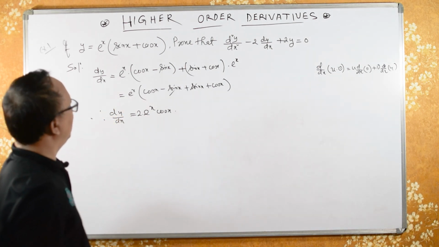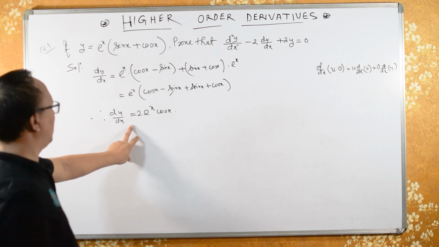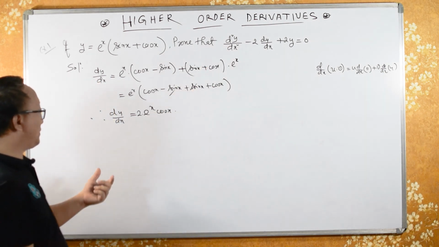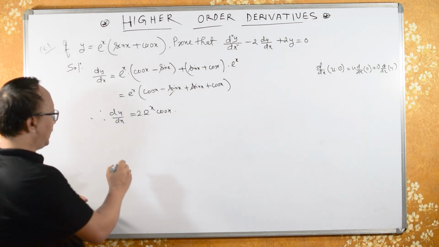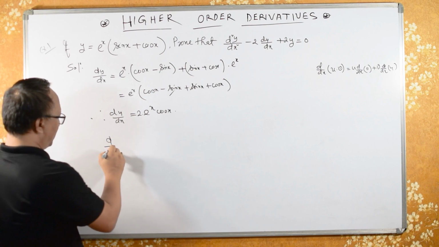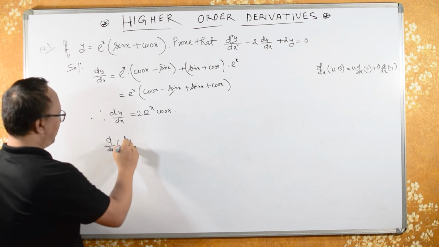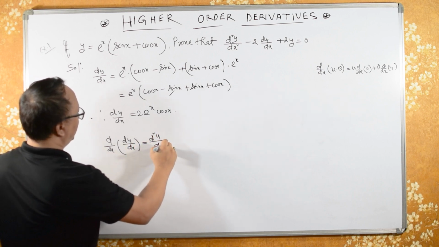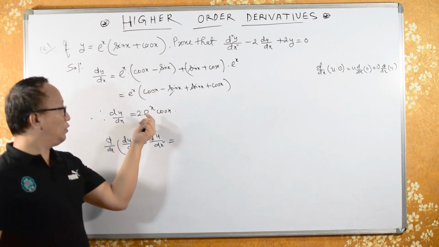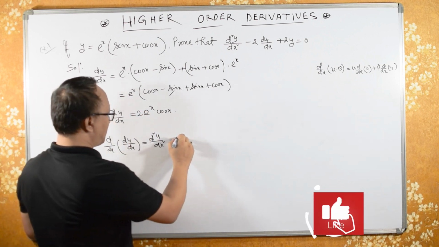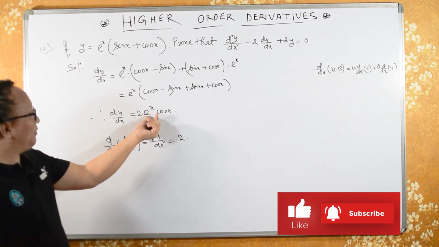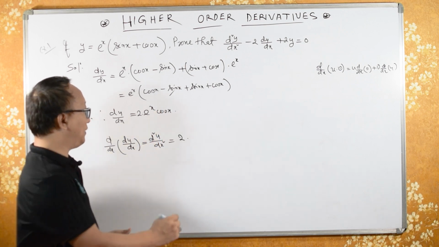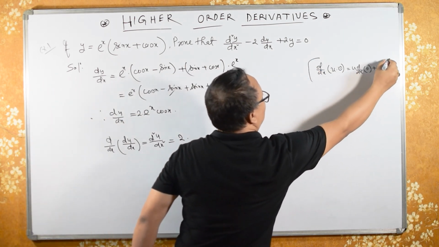Now I have dy by dx. Now again, in order to get d2y by dx square, differentiate this with respect to x. d by dx of dy by dx is the same as d2y by dx square. Now 2 keeping as it is as a constant, again applying the u into v rule over here, e raised to x considered as u, cos x as v.